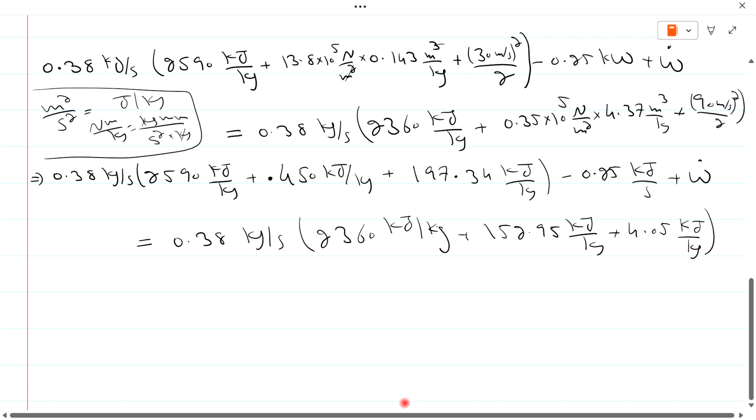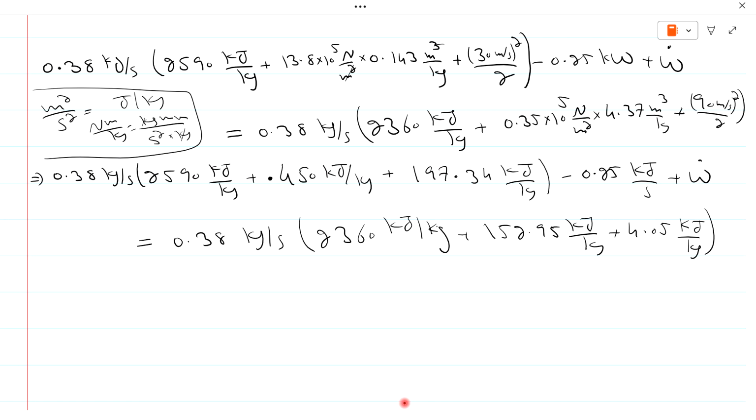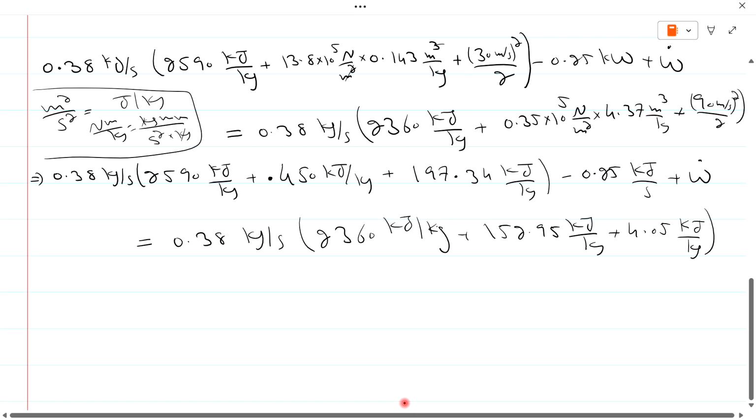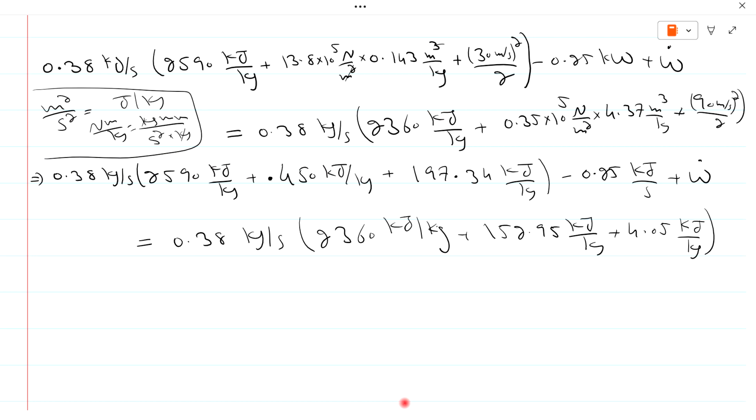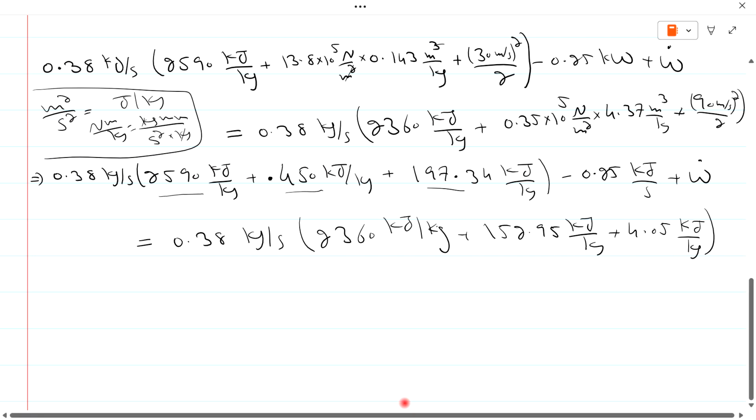Now simplify this. Now multiply by 0.38 kilogram per second. Add these three terms and multiply by 0.38.